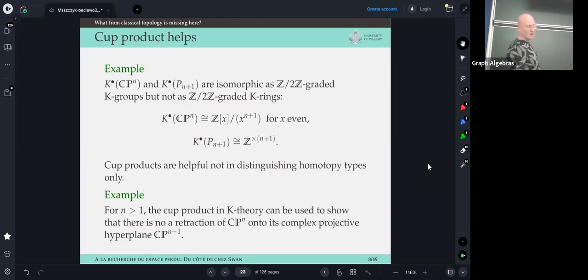So for n greater than 1, we can have a projective hyperplane CP^{n-1} inside of the complex projective space CP^n, and we can show that there is no retraction from this bigger space to the hyperplane.